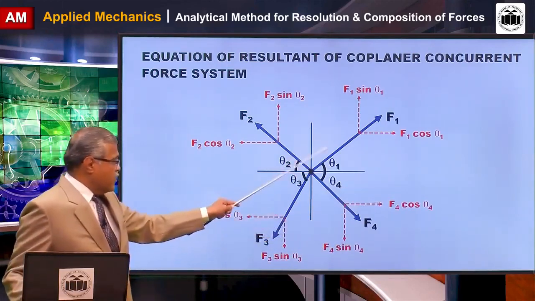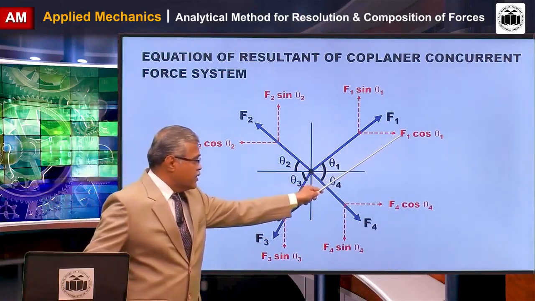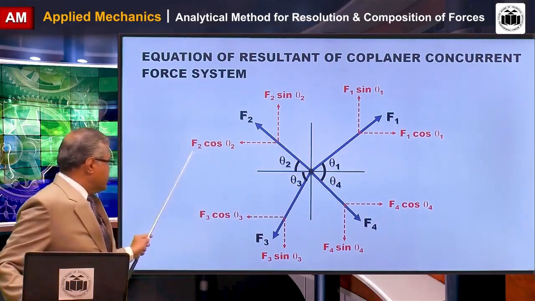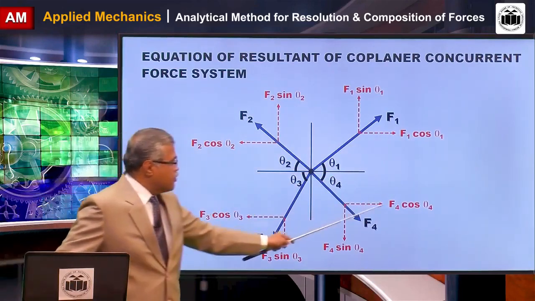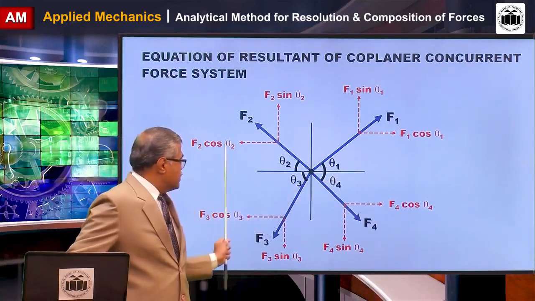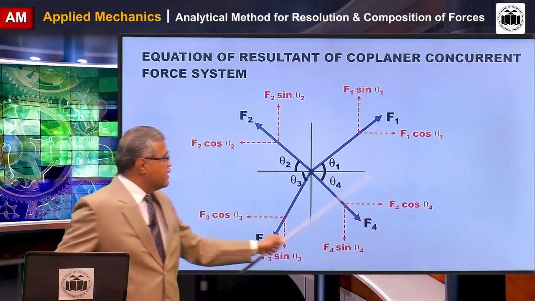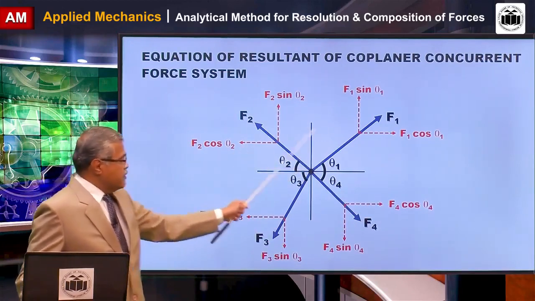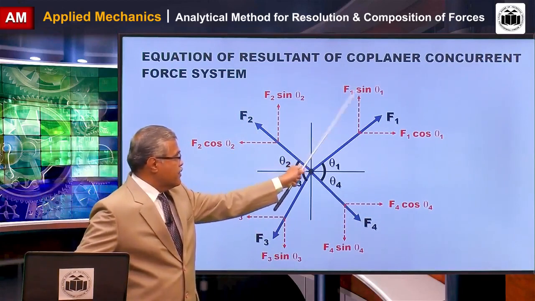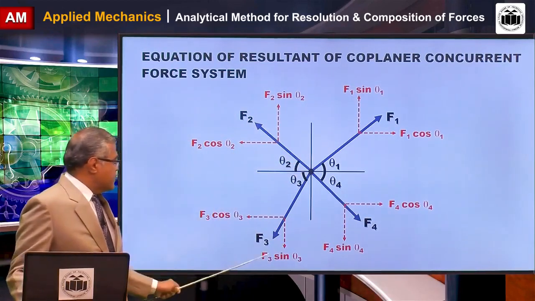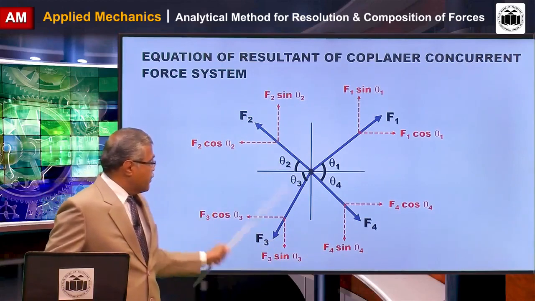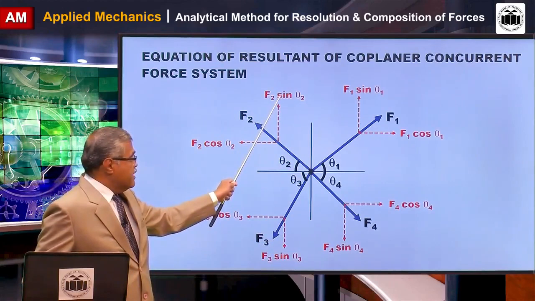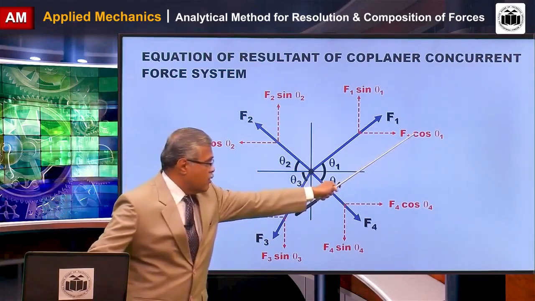So we can observe that in every horizontal component there is a cos of the angle, F1 cos theta 1, F2 cos theta 2, F3 cos theta 3 and F4 cos theta 4. Theta 1, theta 2, theta 3 and theta 4 are the angles made by those forces with the horizontal. And in the vertical components we have sin: F1 sin theta 1, F2 sin theta 2, F3 sin theta 3 and F4 sin theta 4. So again, in the vertical component we find sin, in the horizontal component we find cos.